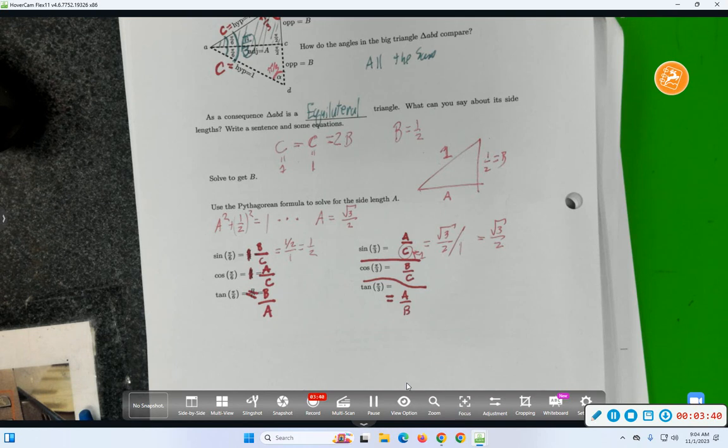By staring at this triangle then, tell me, what is, I guess pi over 6 is the one that I should do first. What's the cosine of pi over 6? Well, cosine is adjacent over hypotenuse. There's the angle pi over 6. What's the adjacent side length?